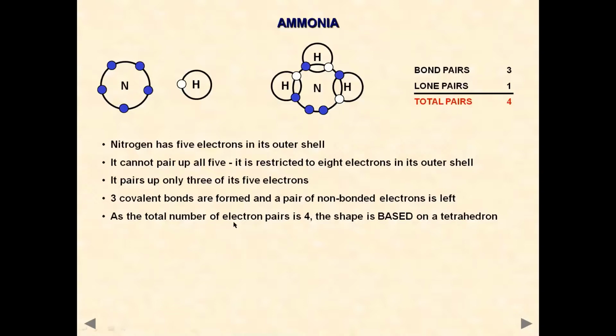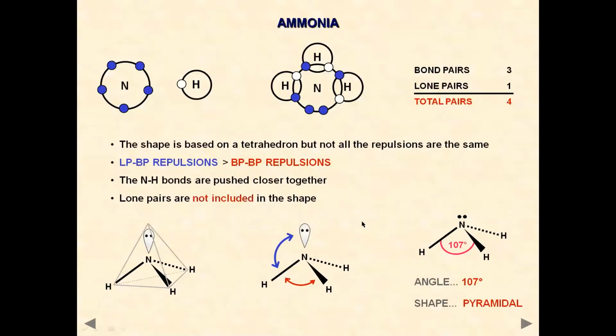Now the total number of electron pairs is 4. The shape is similar to a tetrahedron, but we know that lone pair bond pair repulsions are greater than bond pair and bond pair repulsions.